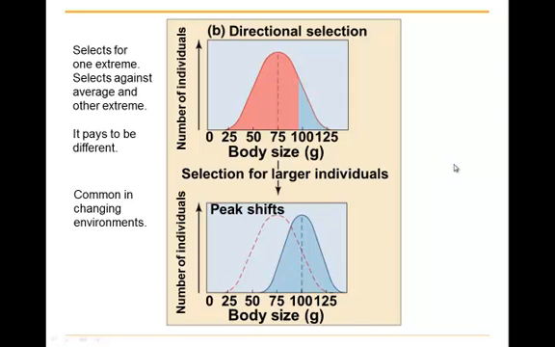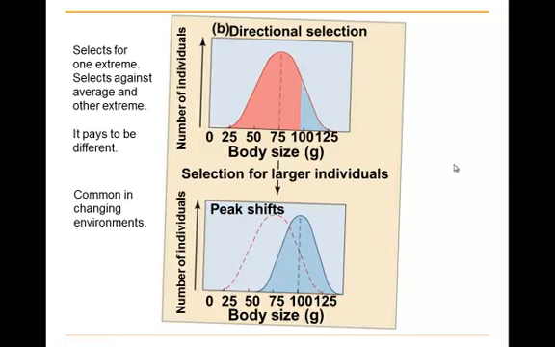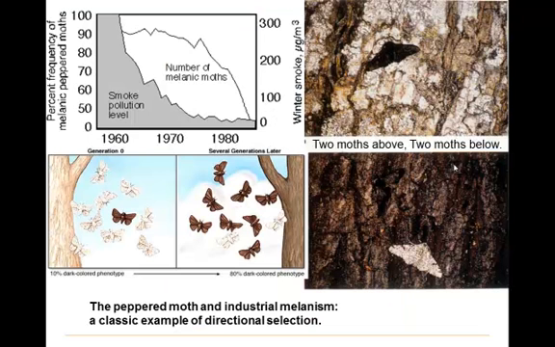A great example of directional selection was a classical study that's given a kind of a funny name. The funny name it's given is down here in the caption. It's industrial melanism. You may or may not recall that melanin is a dark pigment, and industrial melanism involves a moth called the peppered moth, of which there's both dark and light varieties, and also air pollution.